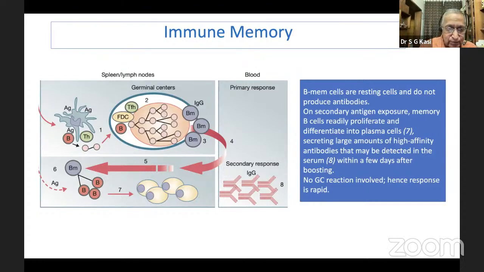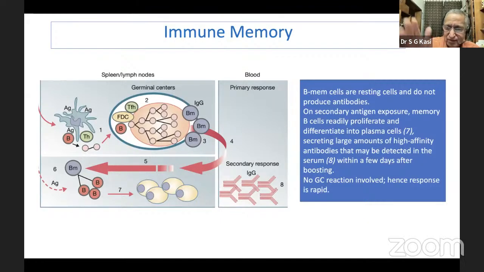Once an antigen exposure occurs again, these B cells very rapidly multiply, becoming plasma cells and produce large quantities of highly specific antibodies. We must remember that the memory cell response does not need a germinal center reaction. So the reaction is very quick. So you get very good antibody titers in a very short time.